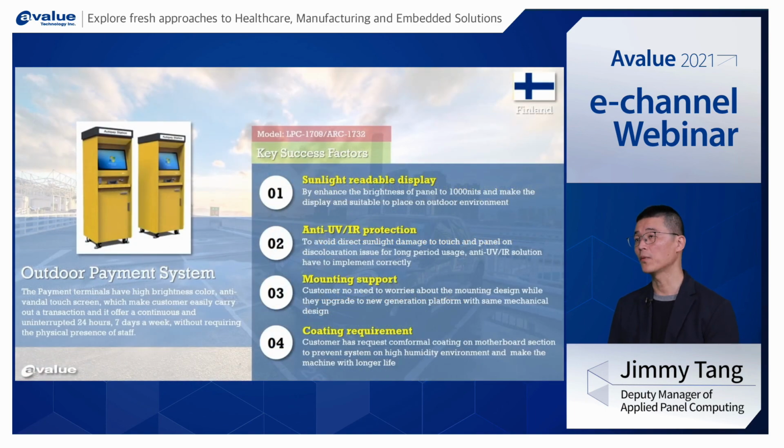And the last one I would like to share with you is a Finland project for an outdoor payment system. As you know, our ARC series works in very extreme ruggedized HMI environments. For this kind of service, we do several kinds of customization.